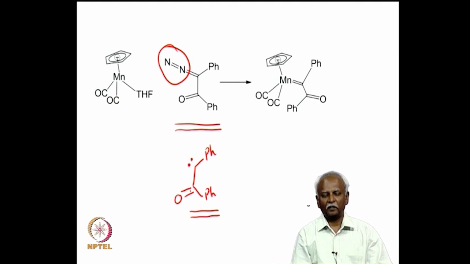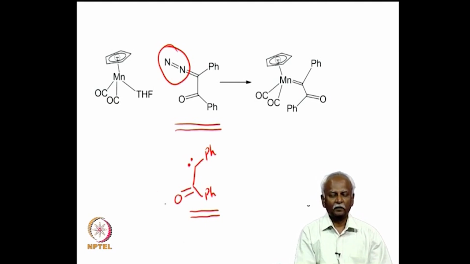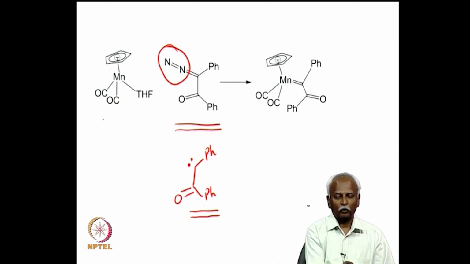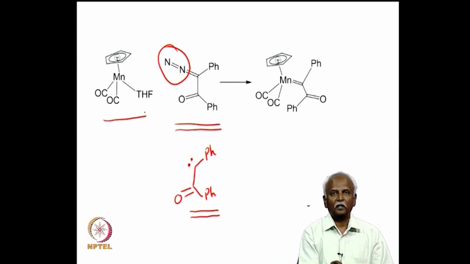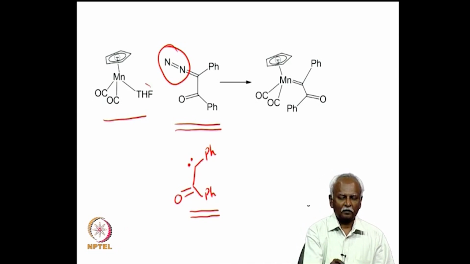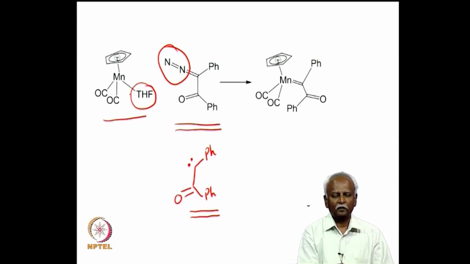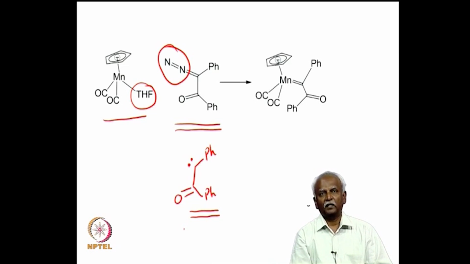This carbene is in fact stabilized by some resonance with the CO bond, and so it is a stable species that can be generated, and then it can react with this molecule which has got a labile ligand. The labile ligand in this particular instance is tetrahydrofuran. THF is a fairly labile ligand compared to the carbon monoxide, which is also present in the manganese complex.